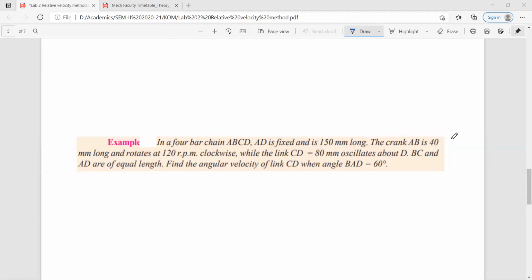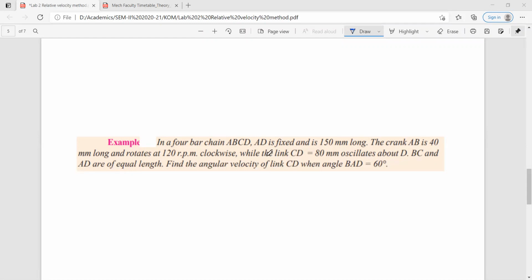The crank AB is 40 mm long, means length is given, and it rotates at 120 rpm clockwise. While the link CD is 80 mm and it oscillates about D. BC and AD are of equal length. Find the angular velocity of link CD when angle BAD is 60 degrees.